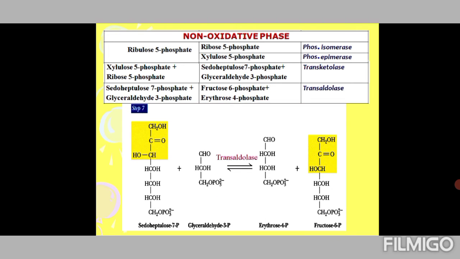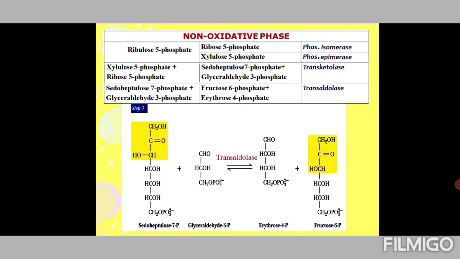From sedoheptulose 7-phosphate, a block is transferred with the help of the enzyme transaldolase to glyceraldehyde 3-phosphate, so that fructose 6-phosphate is formed. So this involves a transfer type of enzyme again.